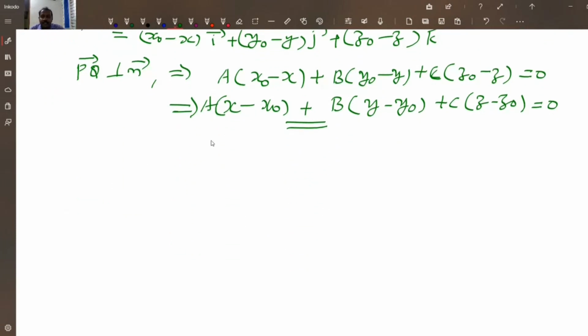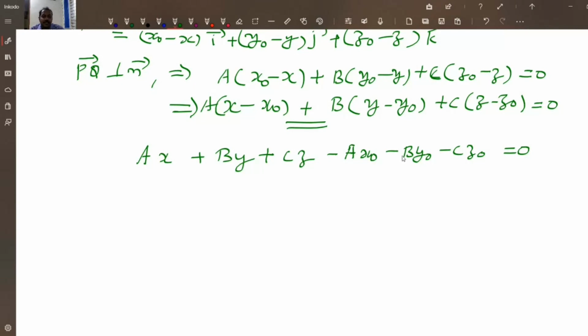And if we simplify this as ax plus by plus cz, this is minus ax naught minus by naught minus cz naught, this is equal to 0. You know that a, b, c and x naught, y naught, z naught are constants, so you can let this be d.